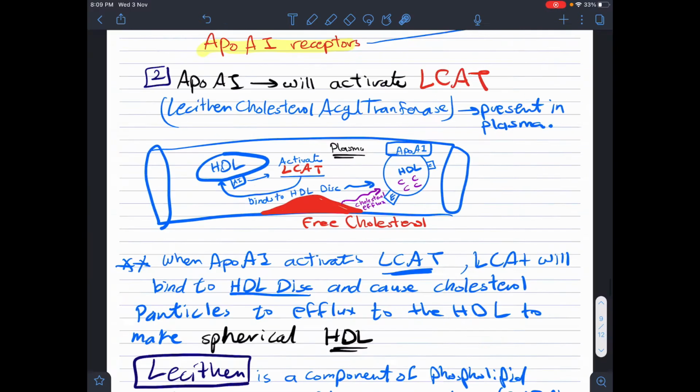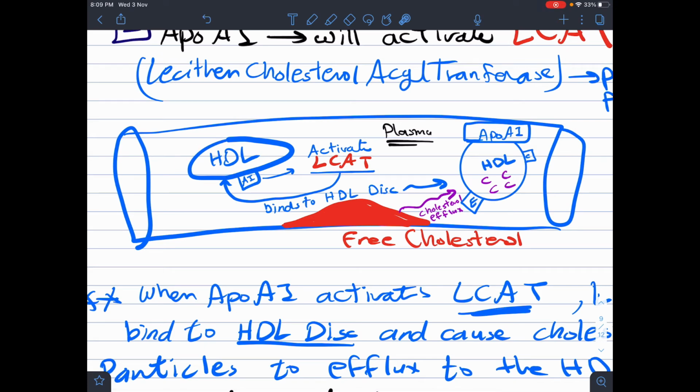So focus on this picture. This is the cholesterol deposited by the LDL on the vessel. The HDL will come and take up this cholesterol, forming the discoid shape, and the HDL has the ApoA1 that activates the LCAT. The LCAT is present in the plasma, just roaming around.